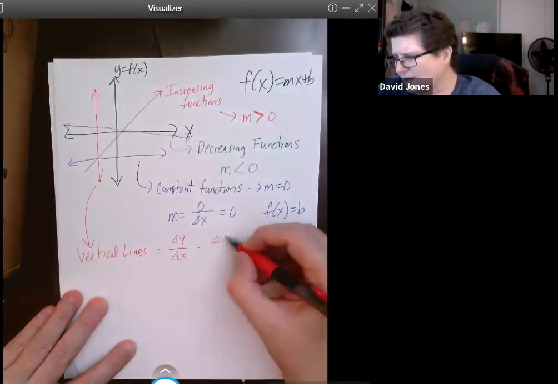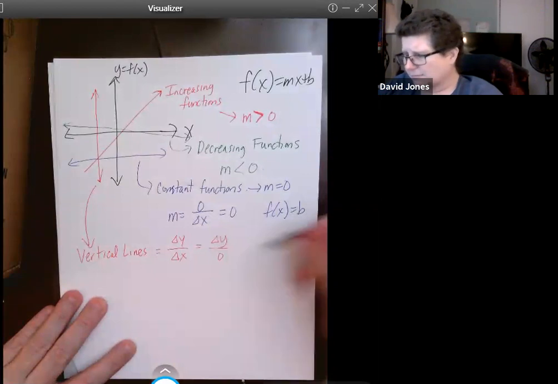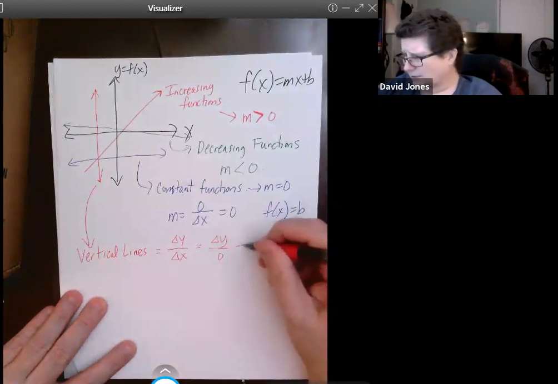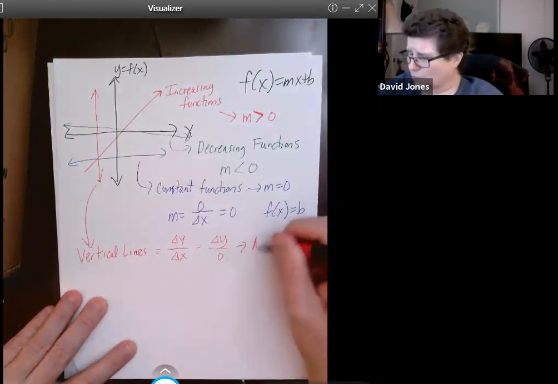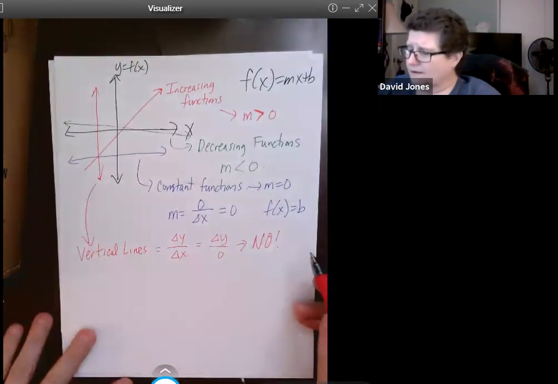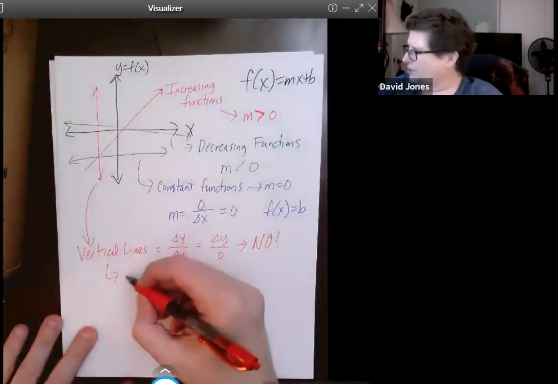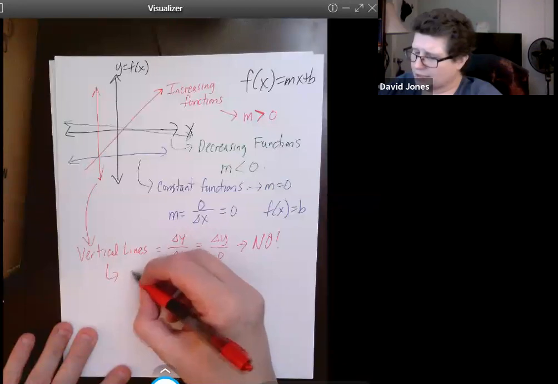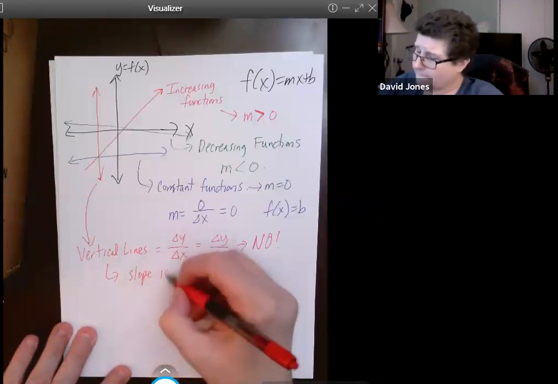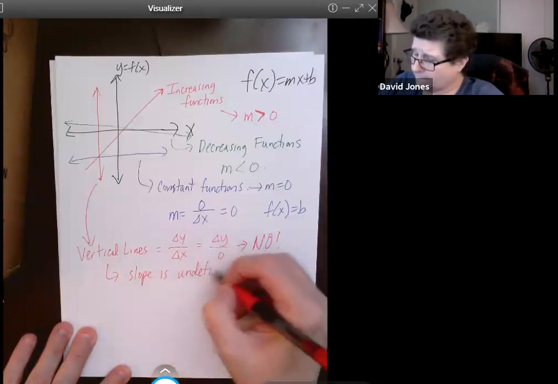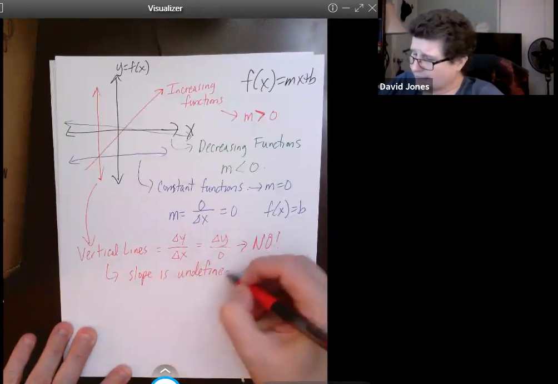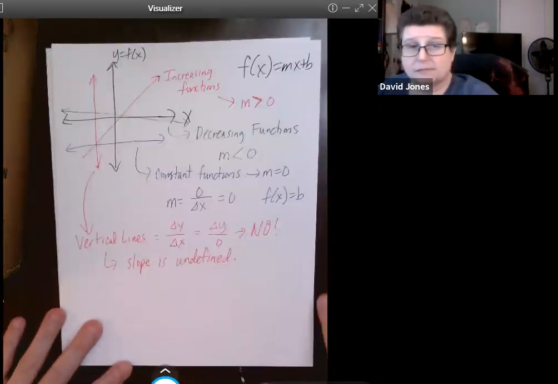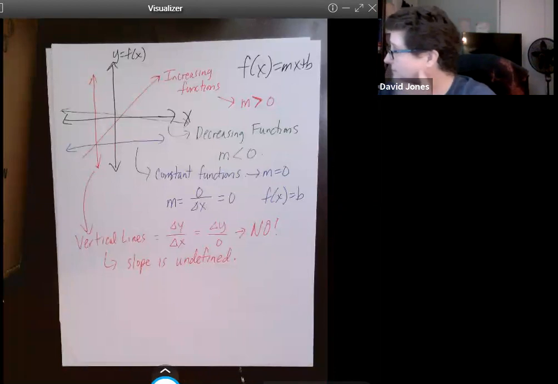We've got delta y over 0. This doesn't work. Vertical lines don't have a slope. The slope is undefined. It doesn't have a value because we can't divide by 0.